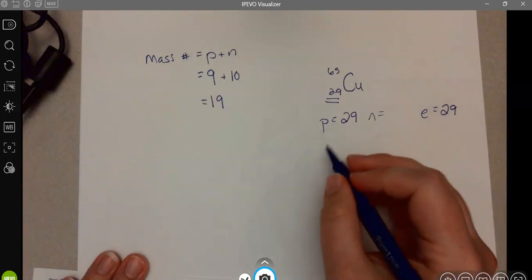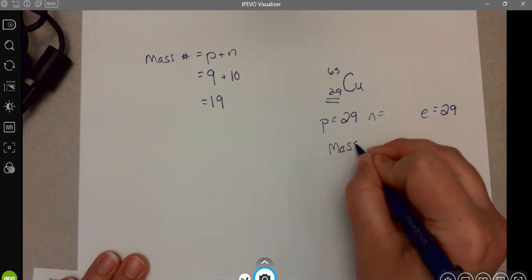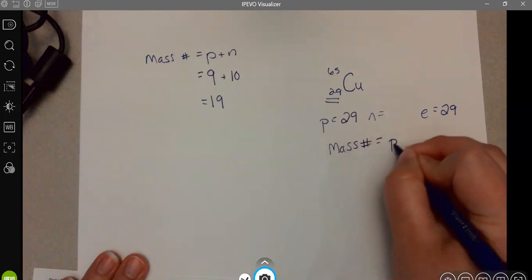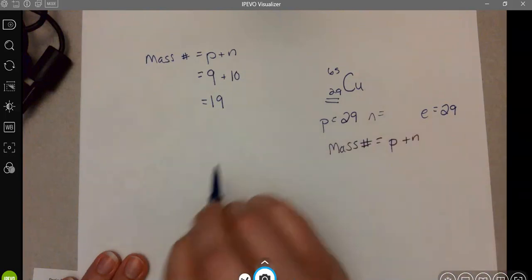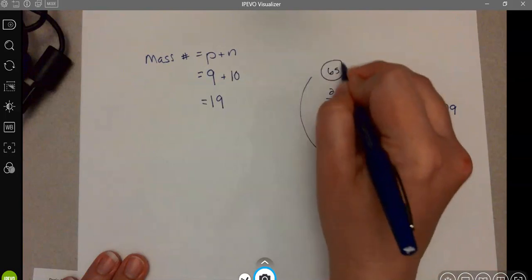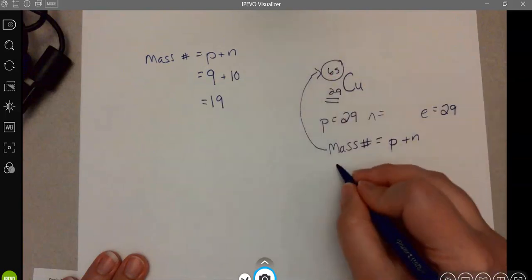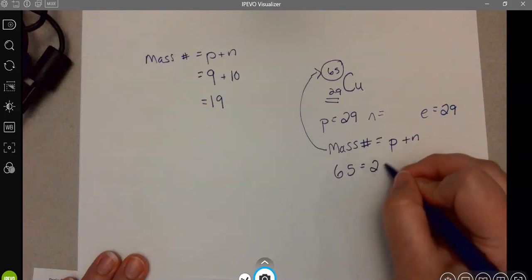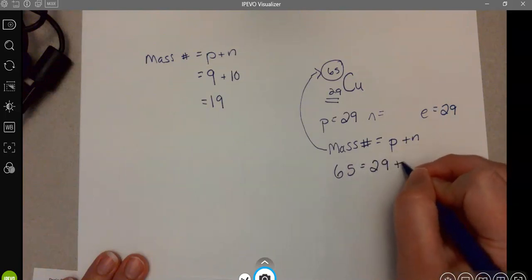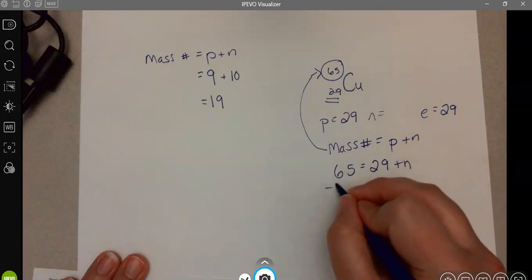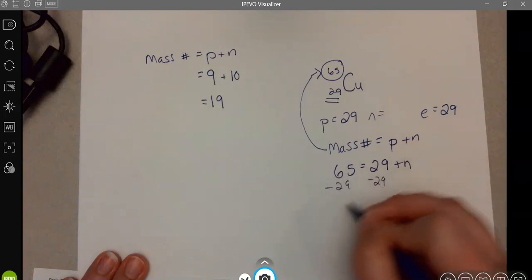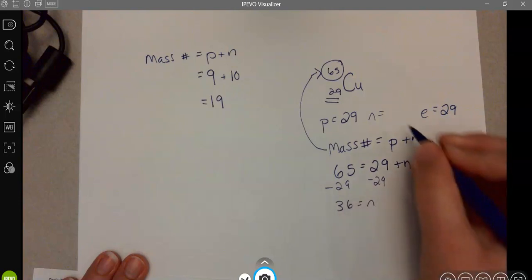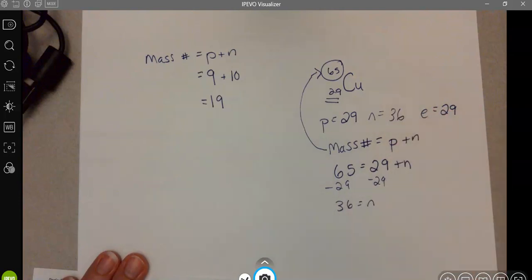Now, to get the neutrons, we have to remember that mass number is the number of protons plus the neutrons. The mass number is 65. I know that I have 29 protons because that's the atomic number of copper, so then I have to solve for the number of neutrons. So I find that there are 36.